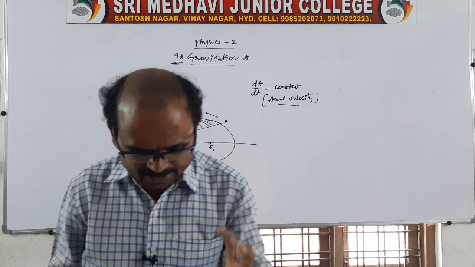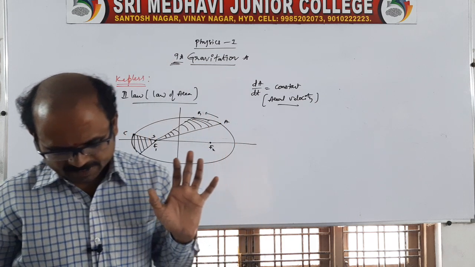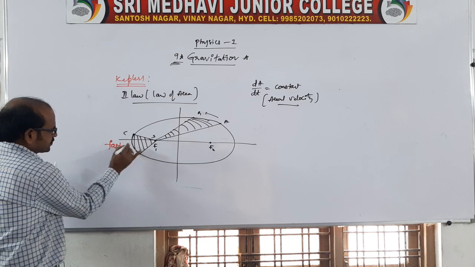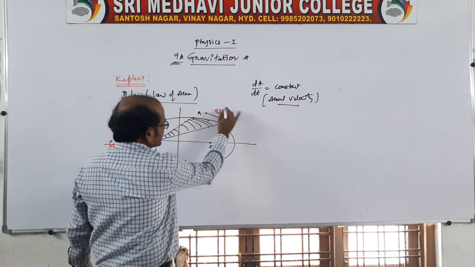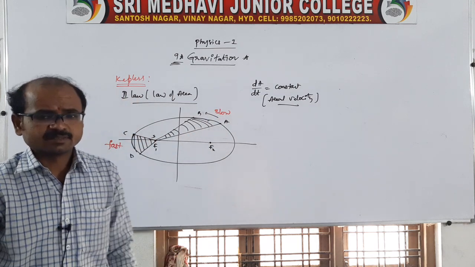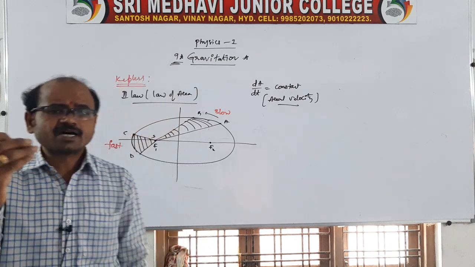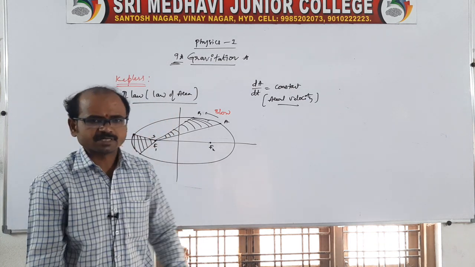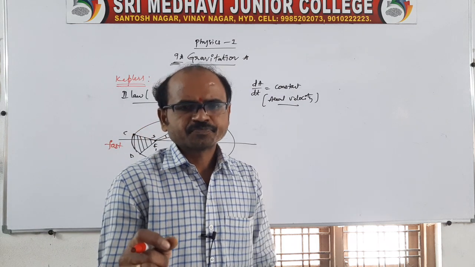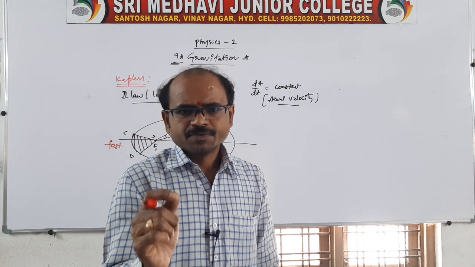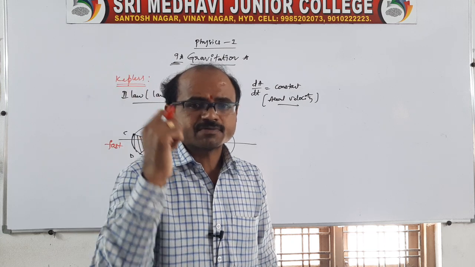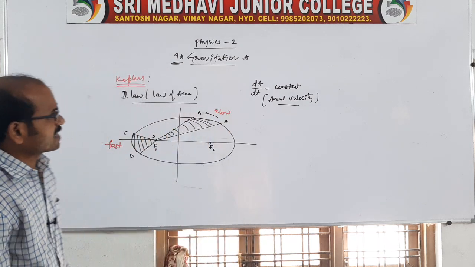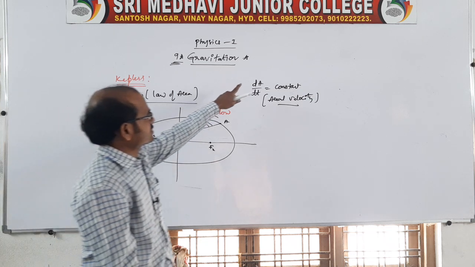The area swept by the planet at the far point as well as at the closest point is equal, which we call the areal velocity vector.